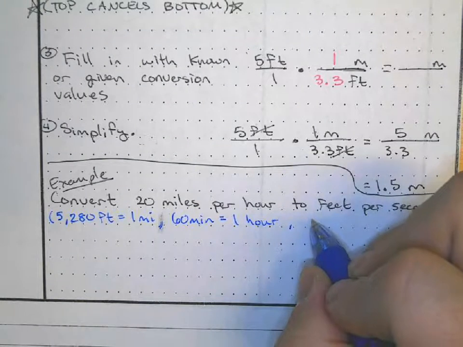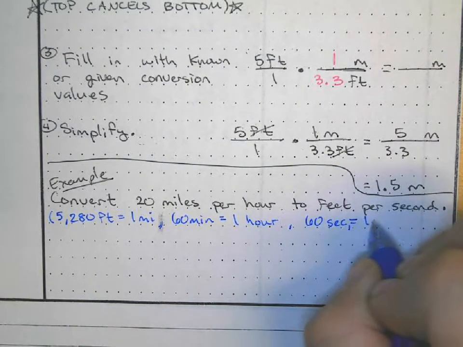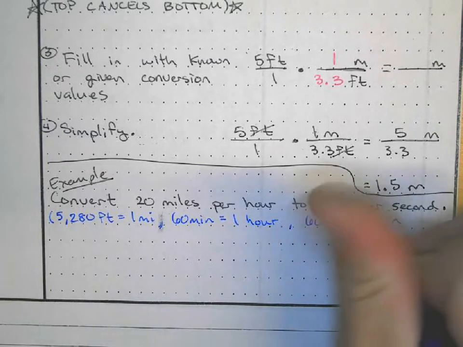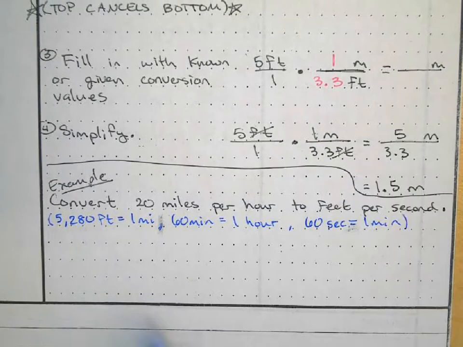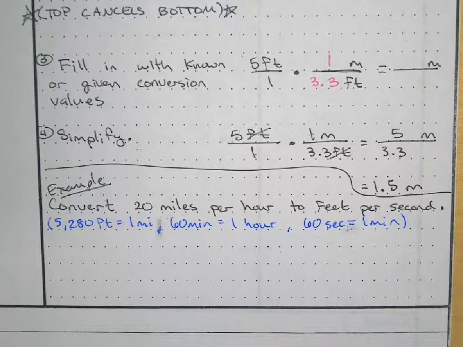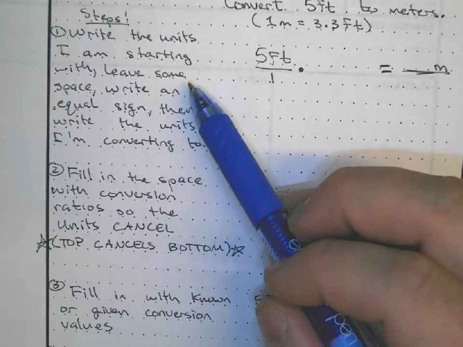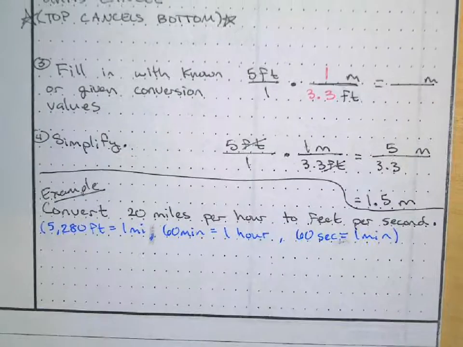And then we can say there are 60 seconds in 1 minute. And we're going to use all three of these. So I'm just going to follow the steps. First thing I'm going to do is write my units that I'm starting with, leave some space, then write an equal sign and the units that I'm trying to end with.